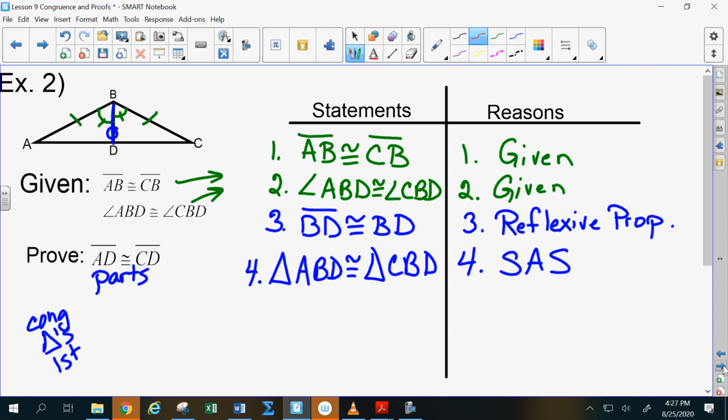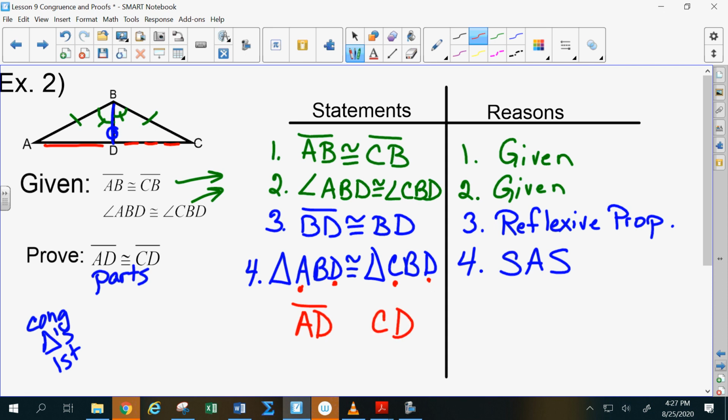Now, I am trying to show that AD is congruent to CD. If I look at my congruency statement, A and D are the first and last letters. C and D are the first and last letters for my corresponding parts. Since that matched up, AD does correspond to CD.